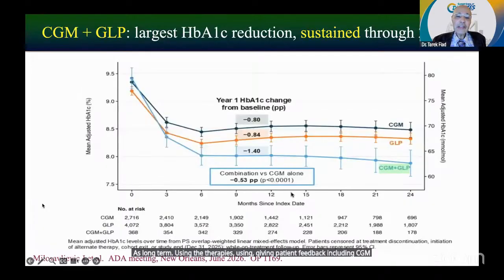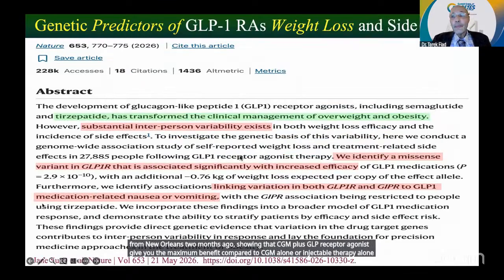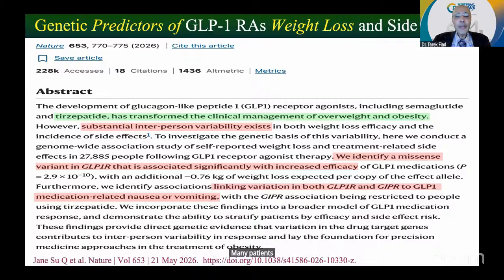Studies show that if you give CGM with GLP receptor agonist, you maximize the benefits. This is a study from New Orleans 2 months ago showing that CGM plus GLP receptor agonist gives you the maximum benefit compared to CGM alone or injectable therapy alone. Few patients don't respond to therapy well.